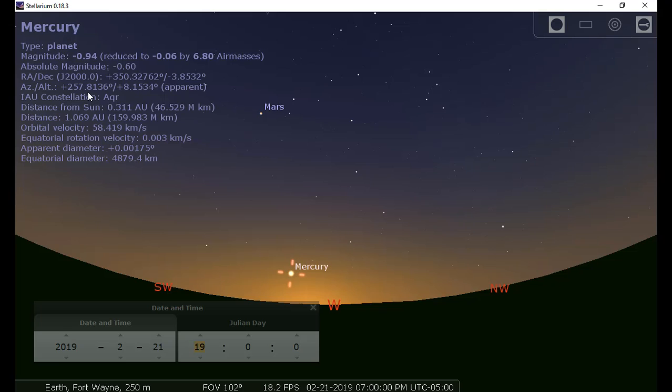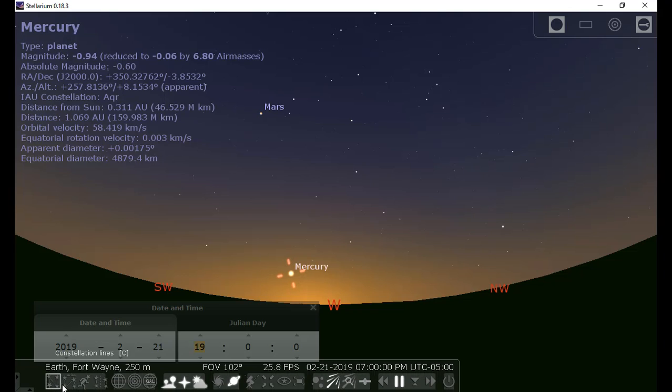Now, one other way that we notice the position of planets as we're trying to figure this out is by constellations. And without getting too much into constellations, in our modern times, constellations are actually defined as regions of the sky.